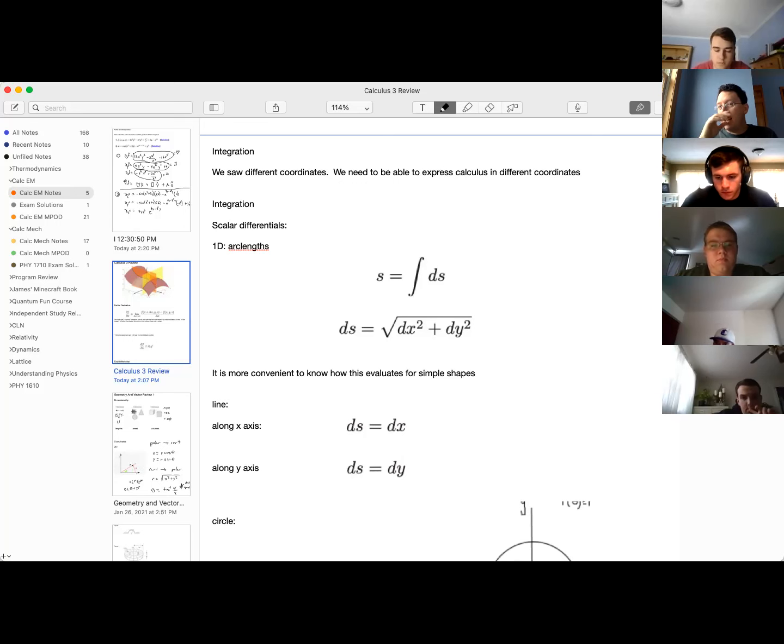So it's probably easier if we just go through and list out. There's a general formula for arc length, but we might as well specialize it for the cases that will ever come up for us, right?